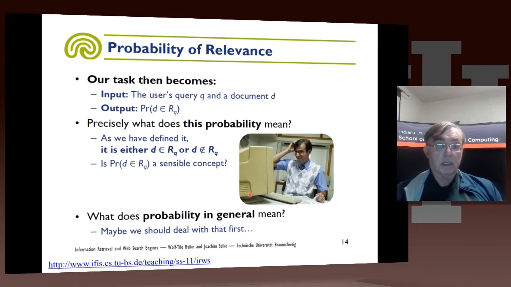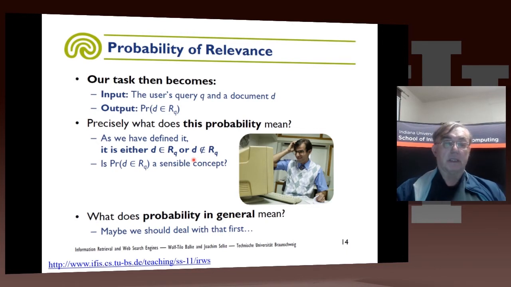So we need to know whether the concept of a probability can be thought of, in the fashion that we would like to think about it, as the likelihood that the answer is what the user wanted. That is a little different from how it's mathematically defined, namely that we actually said the document is relevant or irrelevant.